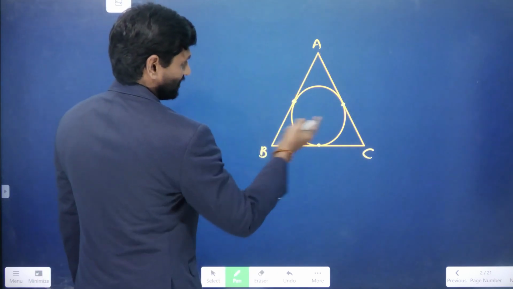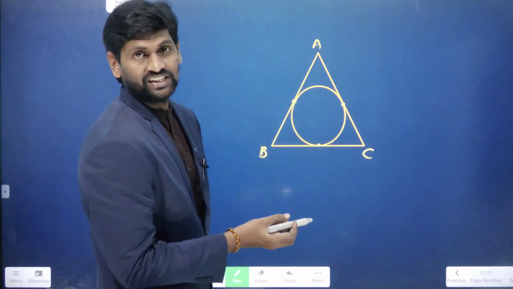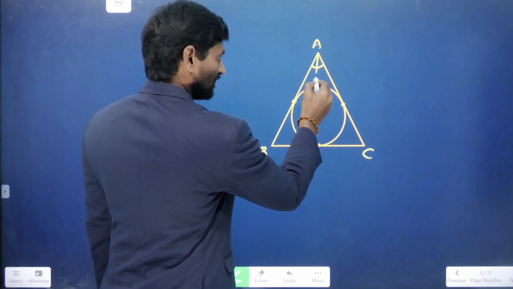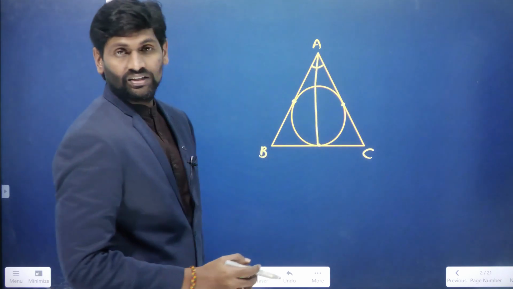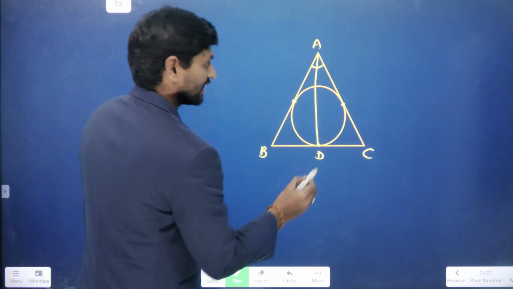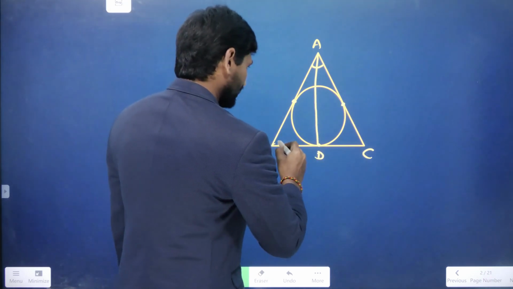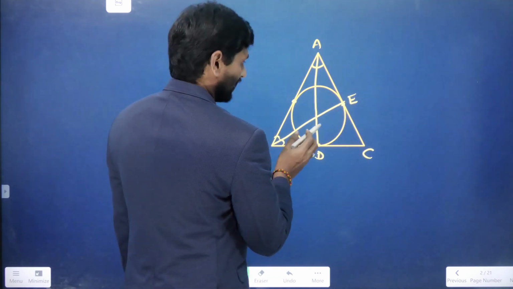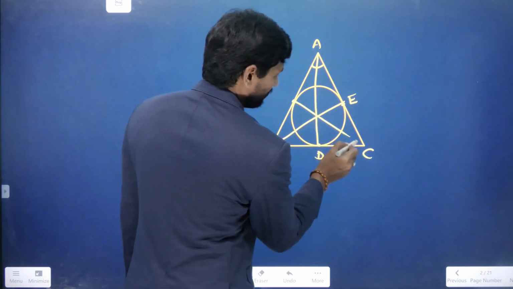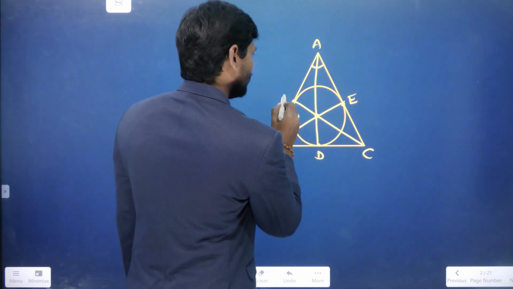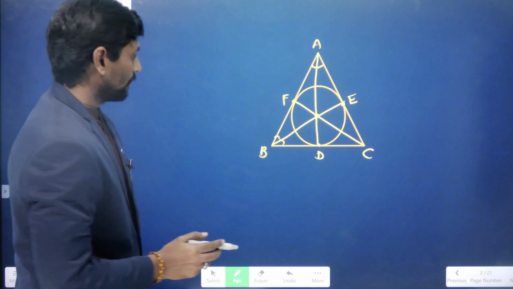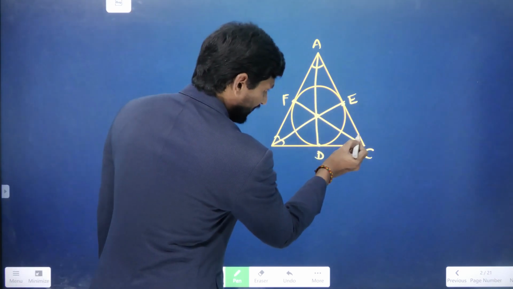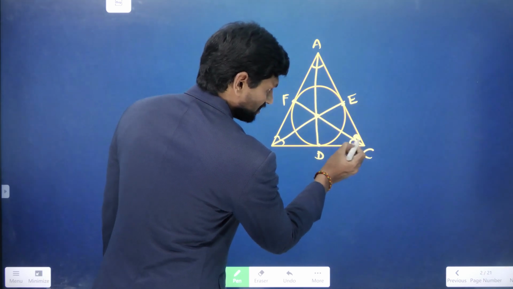That means angle A, angle B, angle C. Okay, now AD is the angular bisector at A, and BE is the angular bisector at B, and CF is the angular bisector of C. That means this line CF divides the angle at C into two equal parts.